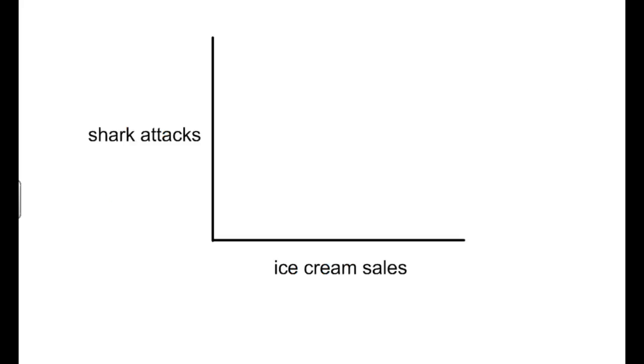Here's a great example. It's kind of a classic example, actually. If you plot this data, ice cream sales, it tends to be linear data here, and it actually is a very good fit. The R value is very high, 0.9 or higher even. And shark attacks. Shark attacks tend to go up when ice cream sales go up.